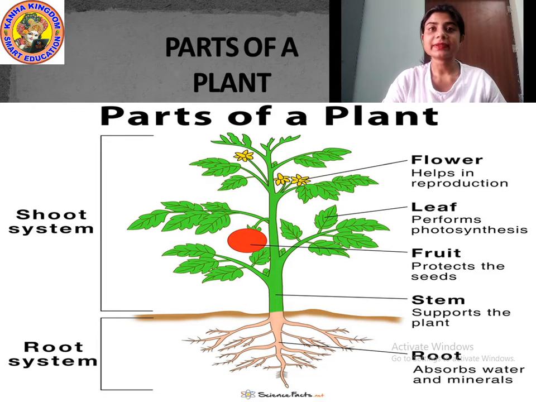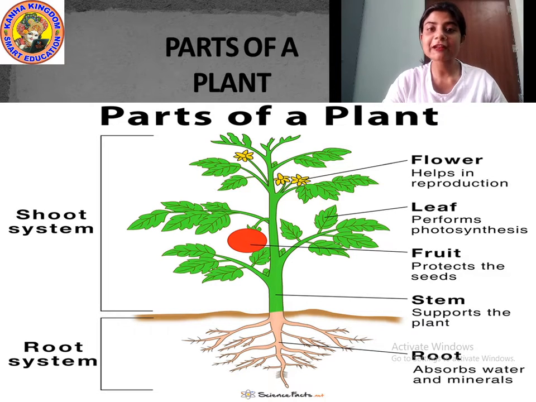Then what is the function of leaf? Leaf performs photosynthesis. That means, what is photosynthesis? Photosynthesis means the plants make their own food with the help of sunlight, air and water. That process is called photosynthesis.